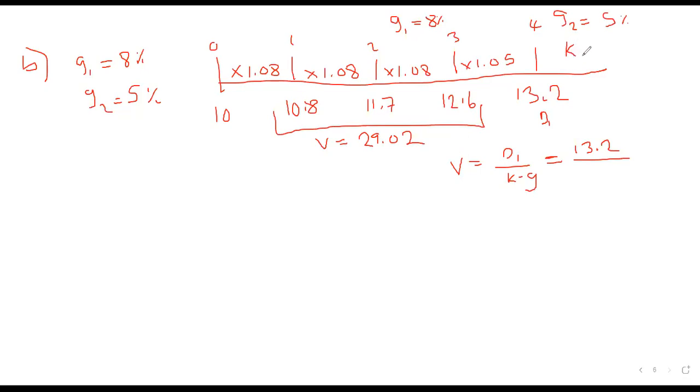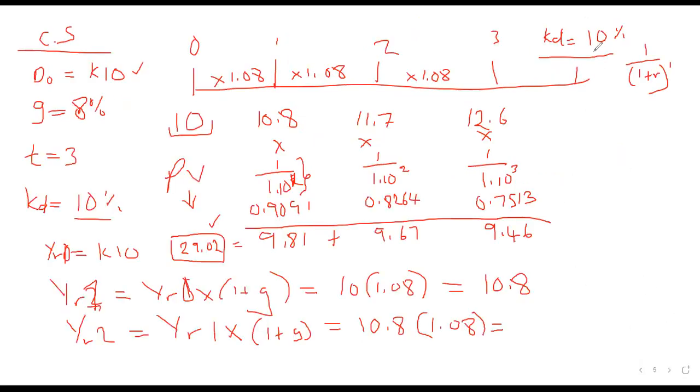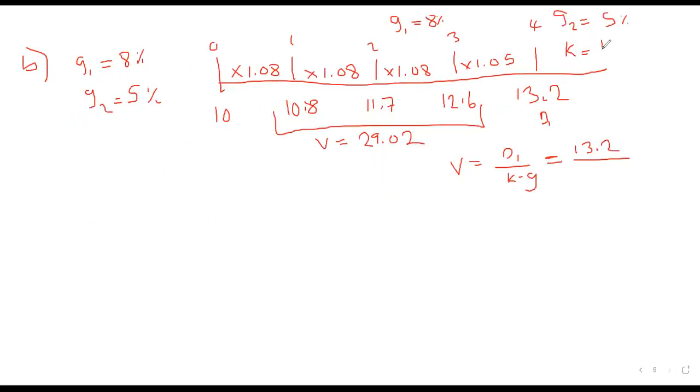And our K was what? What is our market rate? Our K was 10%, right? 10%. So here put 0.10 minus the 5%, 0.05. What do we get?